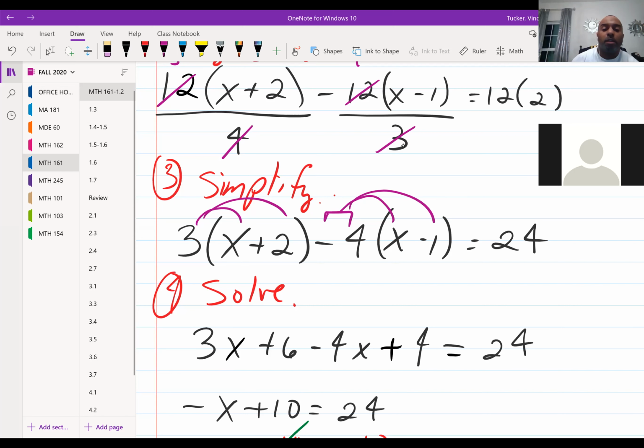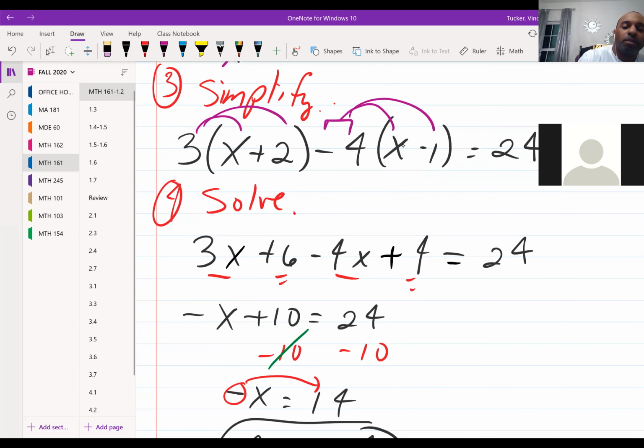All right, combine your like terms. 3x and negative 4x is negative 1x. 6 and 4 will be a positive 10. So that'll leave you with negative x plus 10 equal to 24.